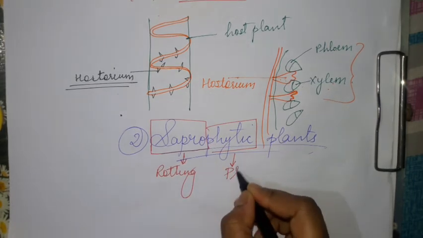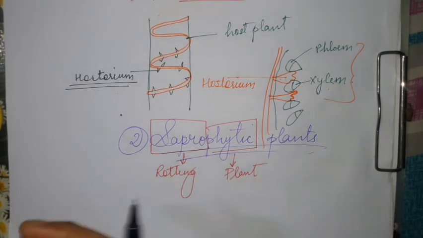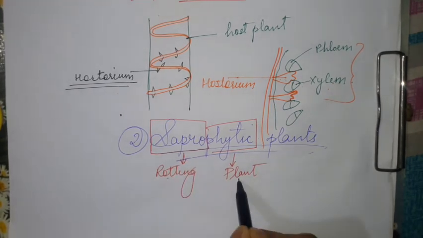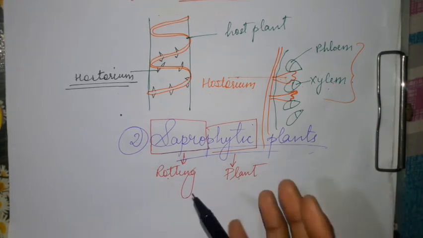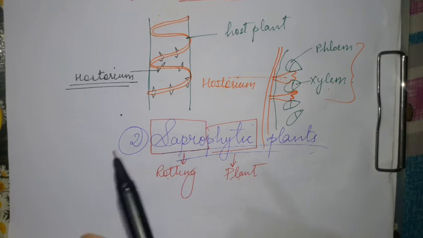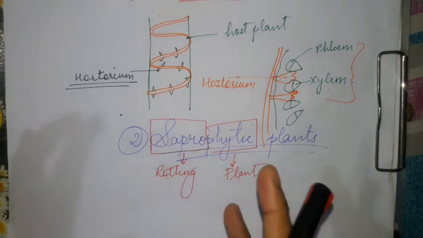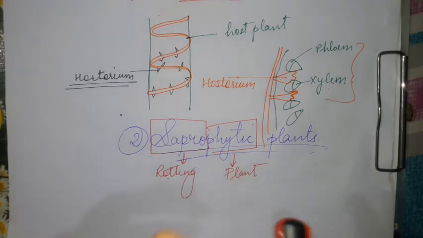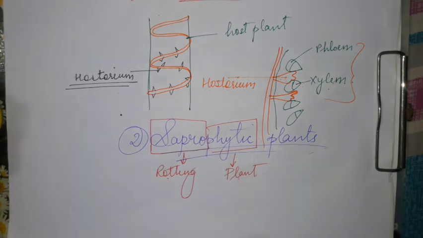Phyton means plant. So those plants which grow on these rotten plants are called saprophytic plants. What these saprophytic plants do is they take the nutrition from dead and decaying plants and animals. Wherever there is degraded or dead and decaying matter of plants and animals, on them these saprophytic plants grow.